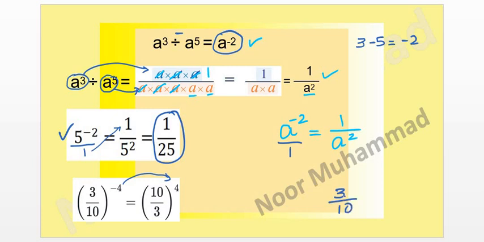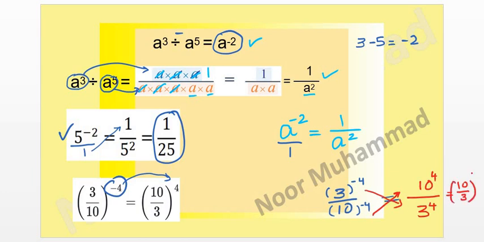3 out of 10, its exponent was -4. That means the exponent of 3 was -4 and the exponent of 10 was also -4. Now if I flip it, you know that if we flip the fraction, or take the reciprocal of the fraction, when this one goes in the denominator, its exponent will become positive, so it will become 3 to the power 4, and when this one goes in the numerator, it will become 10 to the power 4, or simply you can say 10 out of 3 whole power 4.